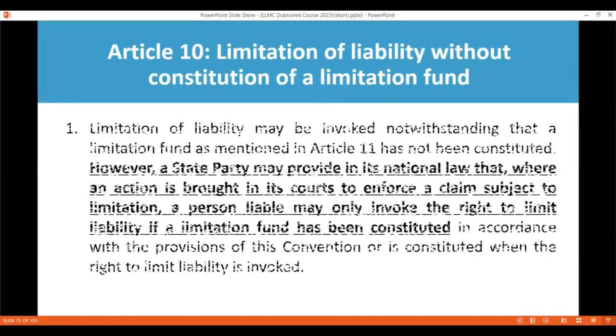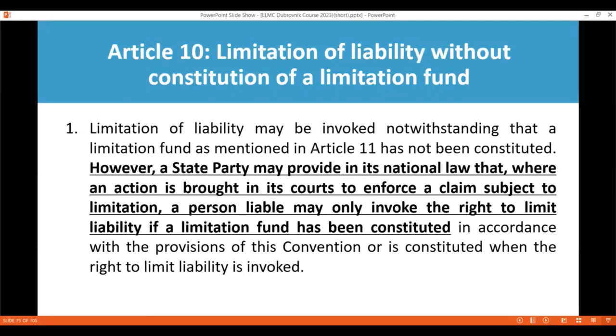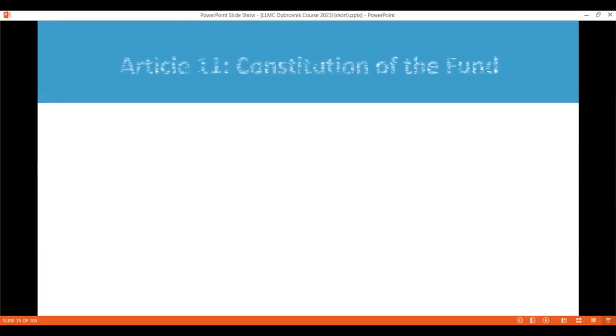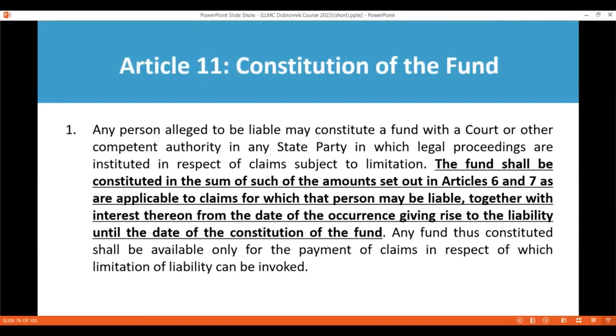The limitation fund can be established in any court in which limitation is invoked.